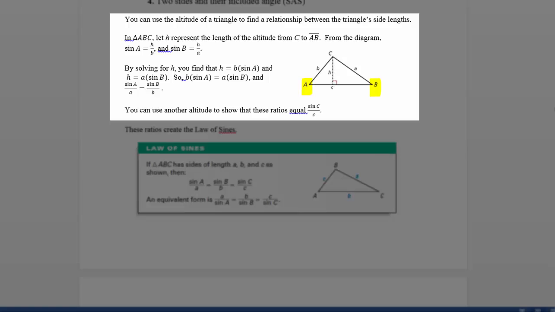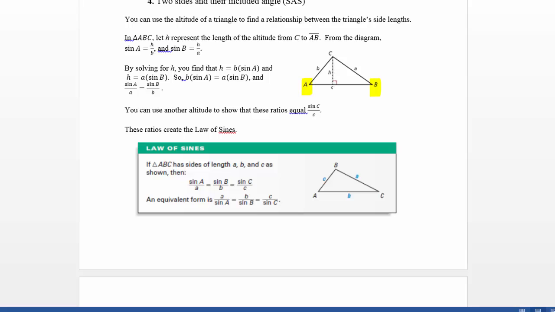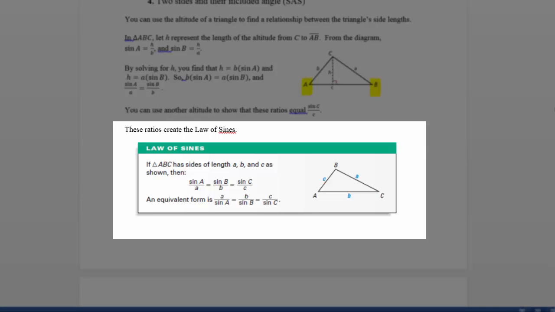Instead of from angle C to base C, we can draw that altitude a different way and set up a different proportion with the sine of angle C and the side of C. So in doing this, we can then create the law of sines, which basically gives us a three-part proportion with the sine of A, the sine of B, and the sine of C.